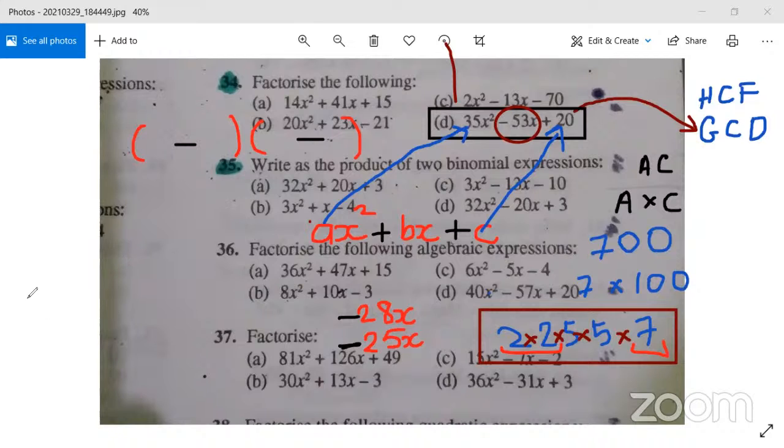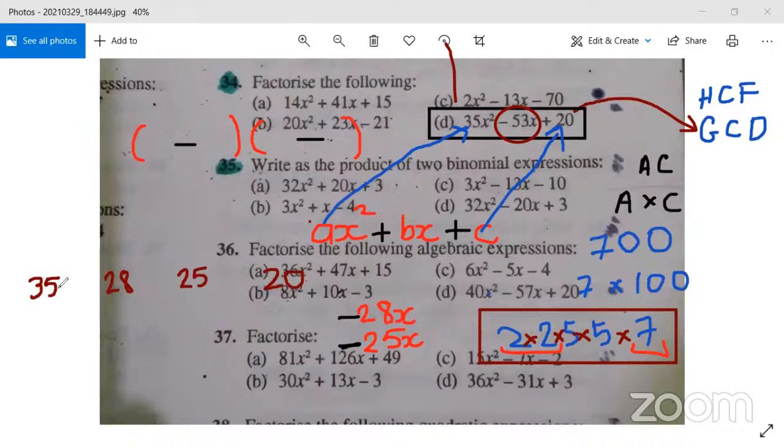We're going to have 35, we're going to have 28, we're going to have 25, and we're going to have 20.